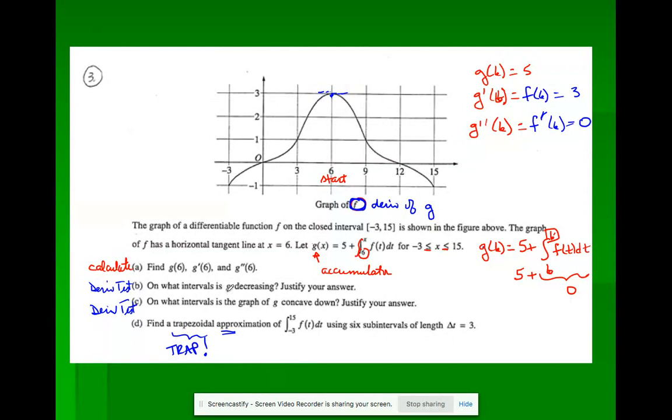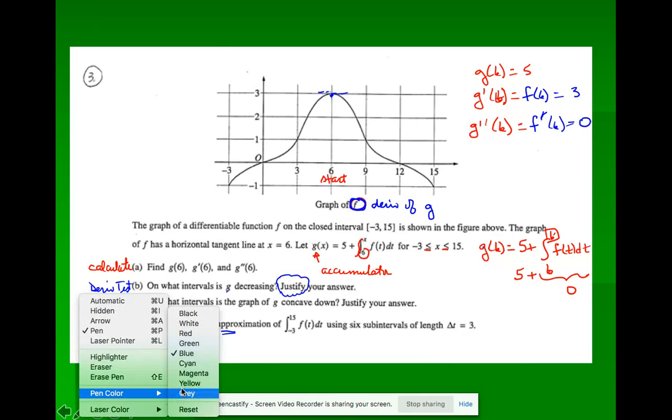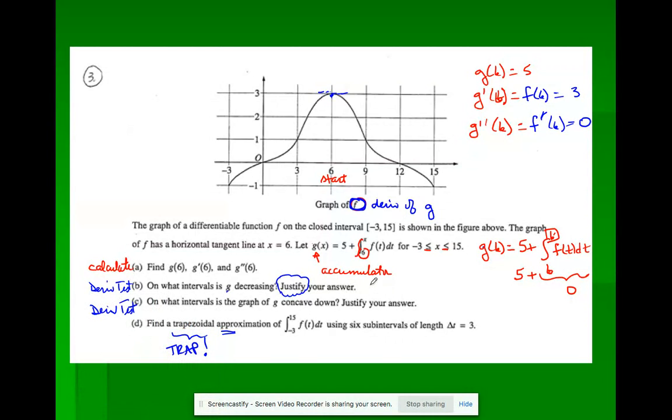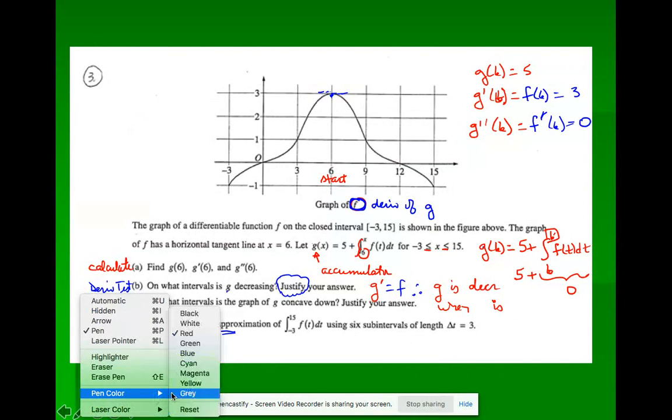Now it asks me on what intervals is g, the graph I can't see, decreasing, and they want me to justify my answer. Before I even answer the question, I'm going to do the justification. I'm going to say g prime is equal to f, therefore g is decreasing when f prime is what?